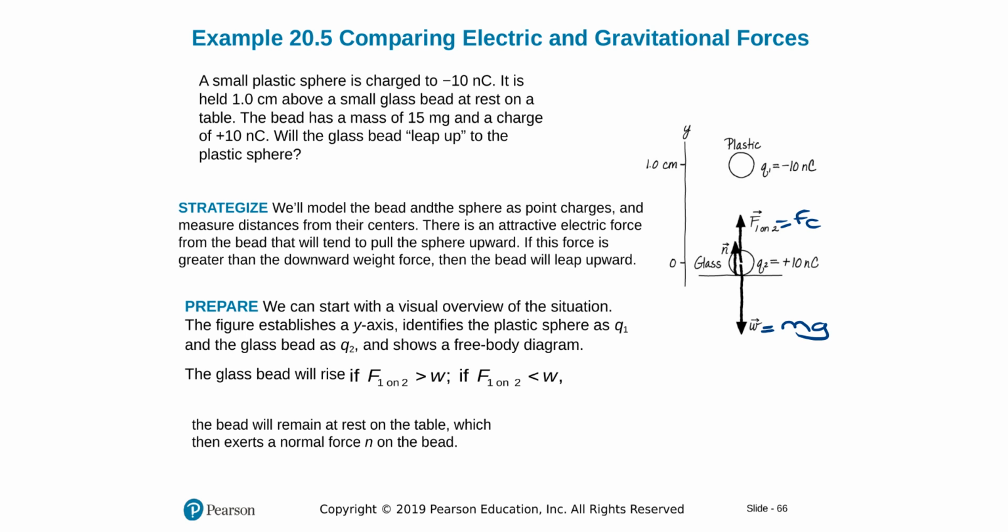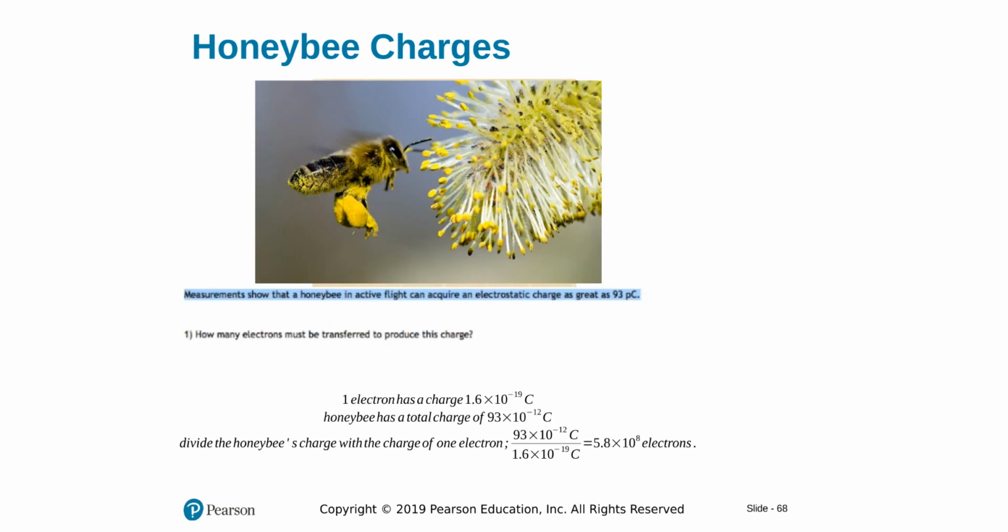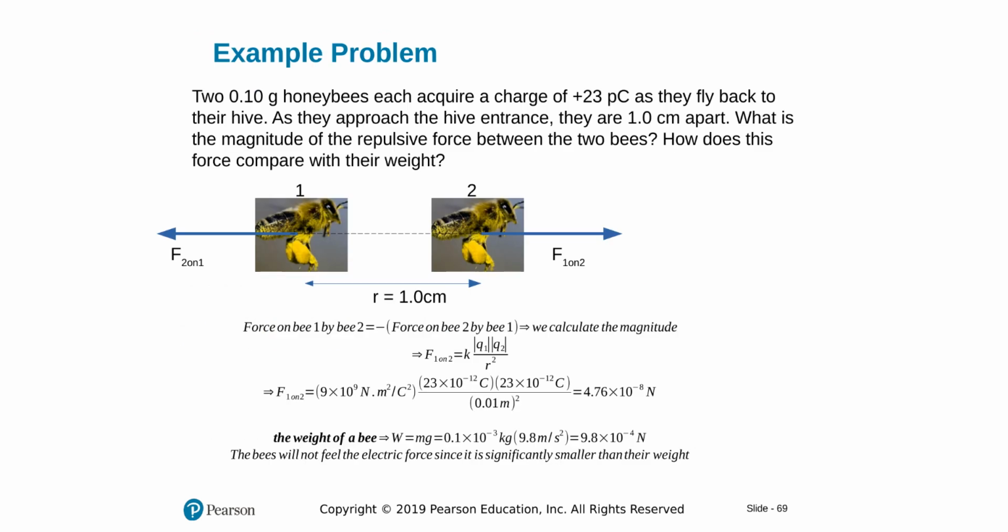Whoever is larger would win, right? On another separate video, I have several examples I go through, all similar, so I'm going kind of fast through this. Two honeybees have the same type of charges, they push on each other. What is that force? Similar questions.